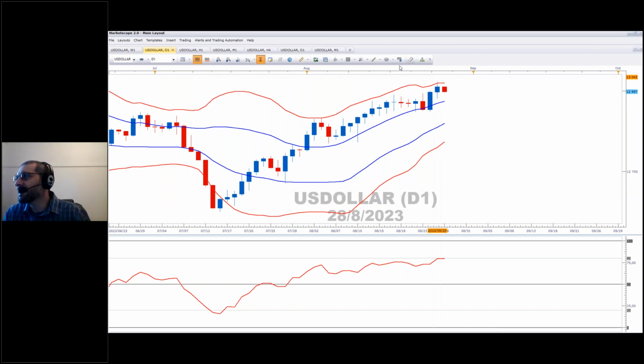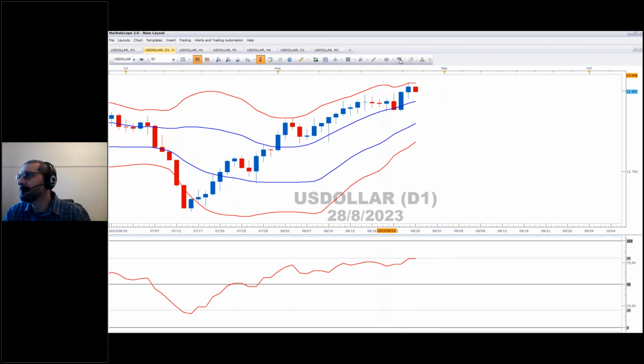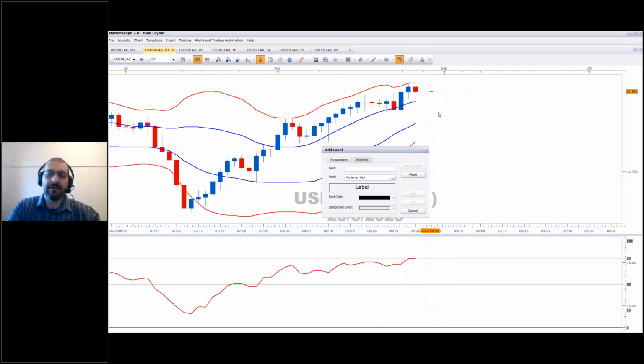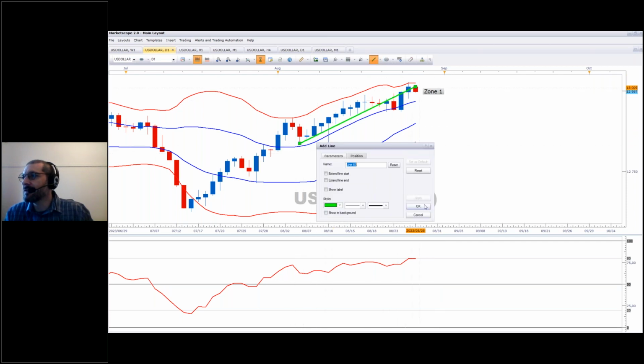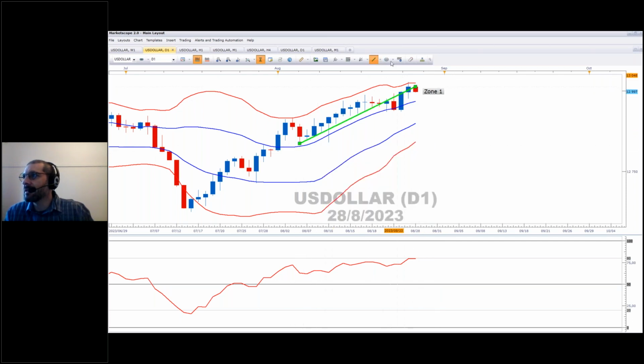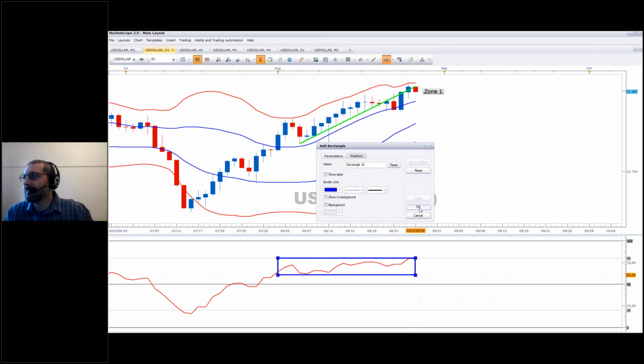All right, so we're sitting in zone 1 here. That's our bullish area. Okay, between the upper blue and the upper red, you can see that as long as it stays in zone 1, there's been an upwards trajectory. You can see that the momentum has been above 50.